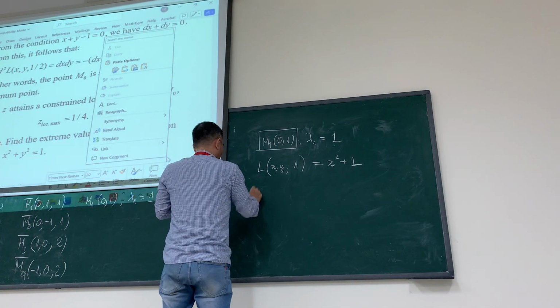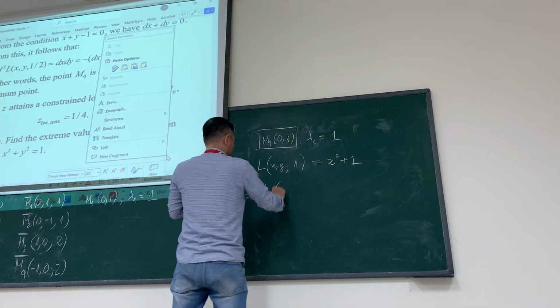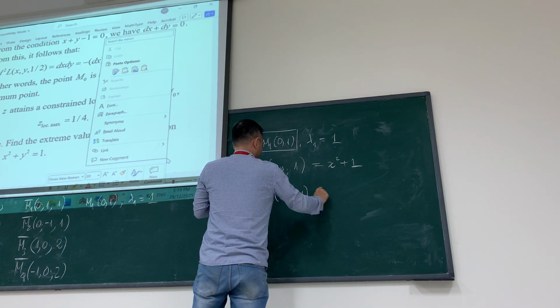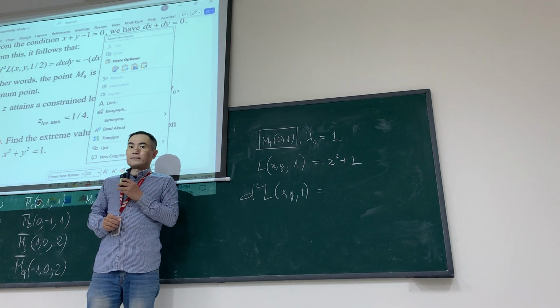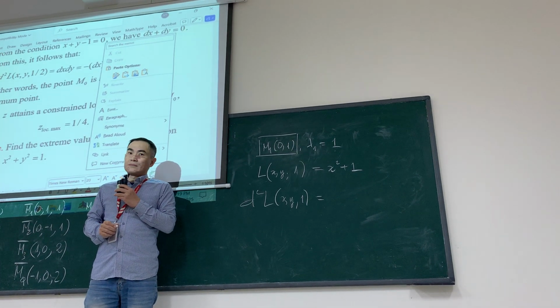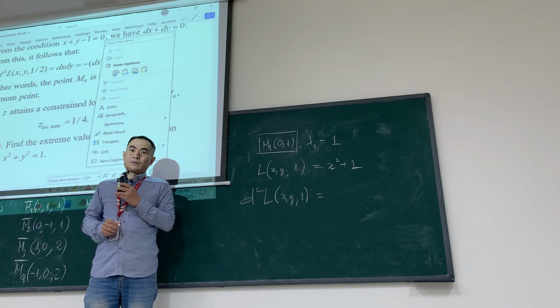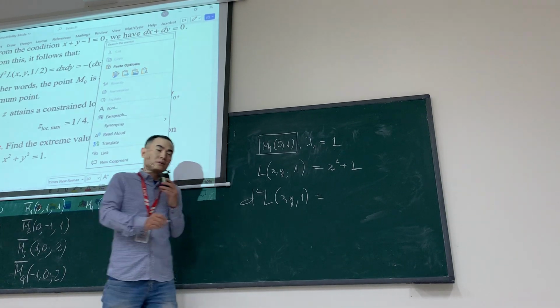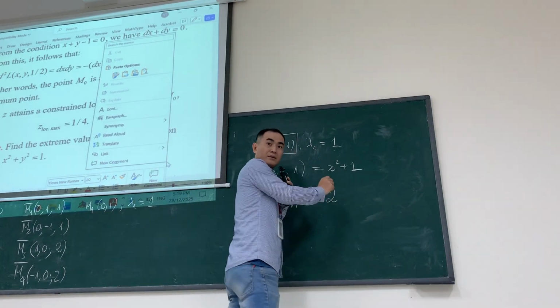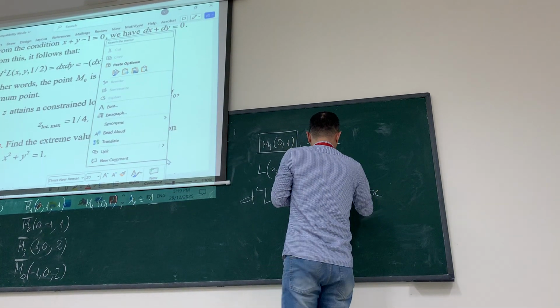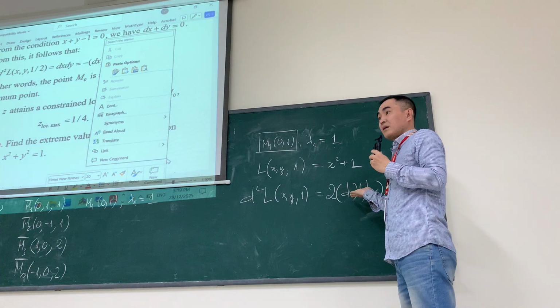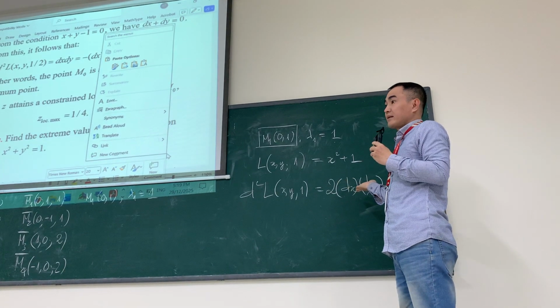Now, continue. We need to find the d squared L at x, y, 1, what value? 2 dx squared.